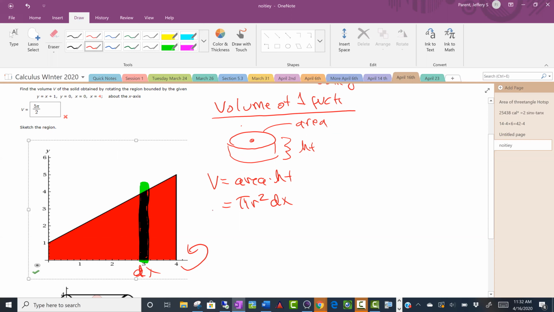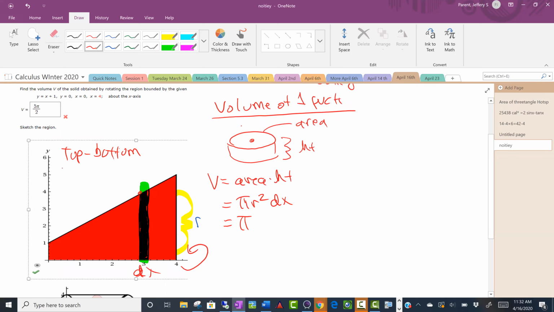The last thing that we need is to figure out what the radius is. And the radius is going to be the distance from this point here on our slice to the x-axis. That's going to be r. So what's an expression for r going to be for us? Well, r is going to be top minus bottom, and I need to have that in the variable of x.